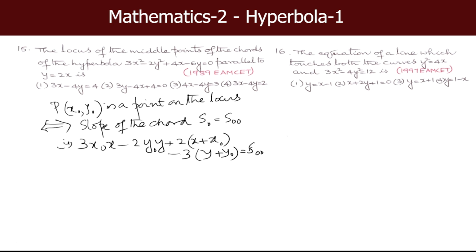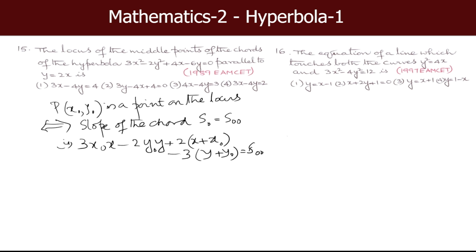We are only interested in the x and y terms because we want the slope of this line. The slope of a line depends on the coefficients of x and y. In fact, the slope of ax + by + c = 0 is −a/b, whatever the value of c. So S11 being a constant doesn't depend on x and y; it depends only on x0 and y0, which are constants as far as the equation of the line is concerned.